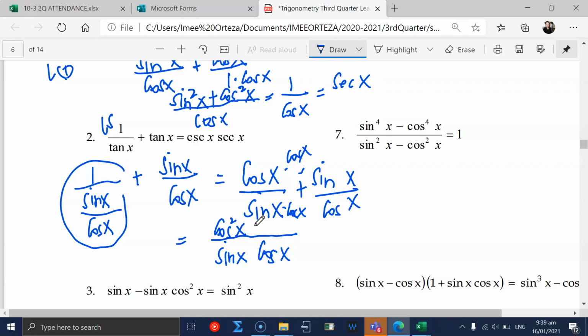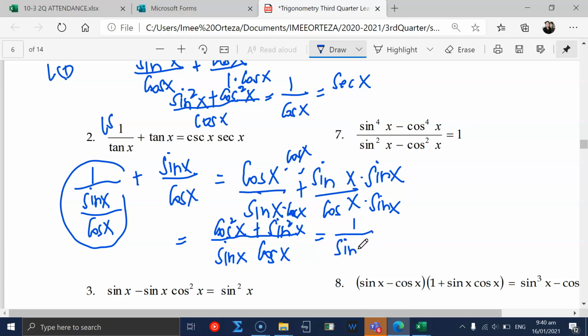Then the same thing goes with the second fraction. So multiply by sine x to get the LCD, but again, to maintain the equivalence of fractions, we shall also multiply the numerator with sine x, which makes the numerator sine squared x. Then notice again that the numerator is a Pythagorean identity to 1.